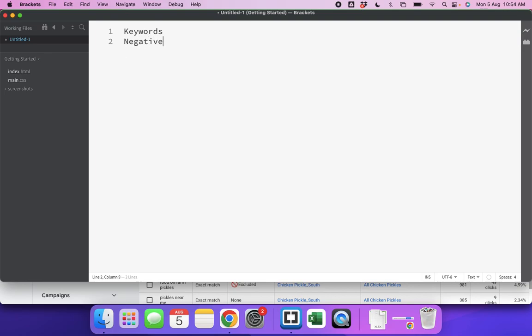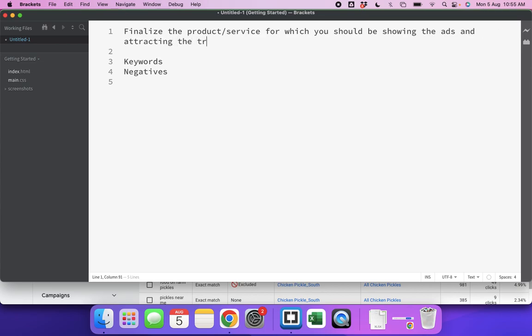Okay. See, even before this, I will write: finalize the product or service for which you should be showing the ads and attracting the traffic. Okay, this is the first thing.